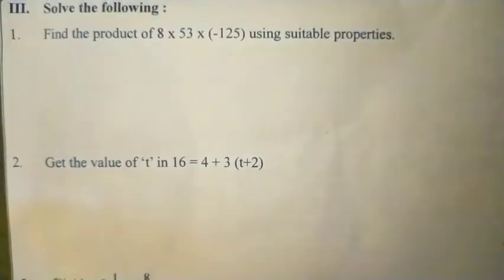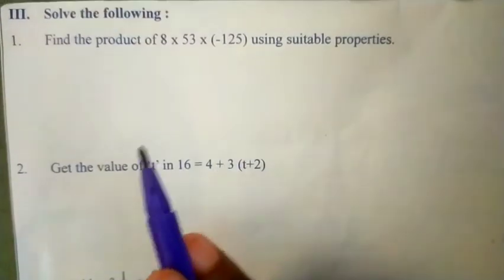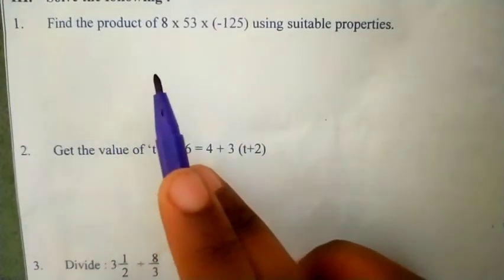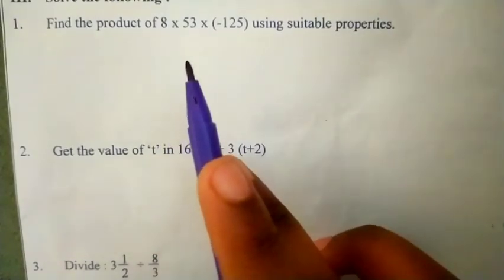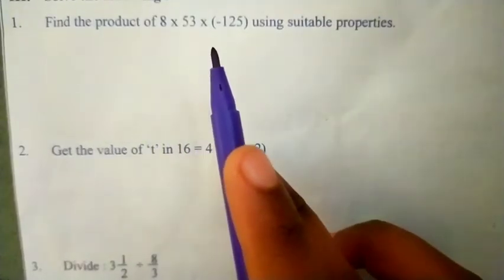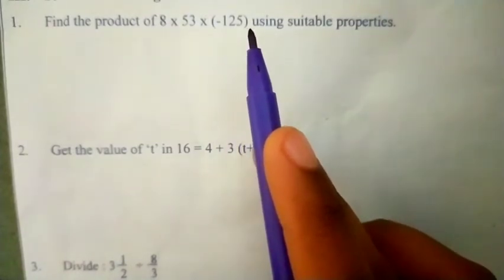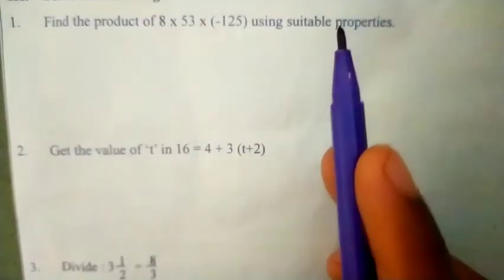The third main is solve the following. First one, find the product of 8 into 53 into of minus 125 using the suitable properties.